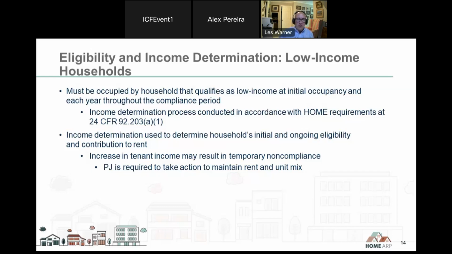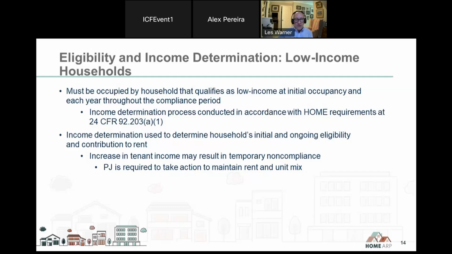And so you're going to see with this category, for those of you that are familiar with the HOME program and the rental requirements, that these really align with what we're used to doing with the HOME program. So for those HOME-ARP units that are designated as our low-income units, those are going to have to be occupied by a household that qualifies as low income. And so in this category, unlike what Alex was talking about with some of the QP households, we're always going to need to be able to determine income eligibility for those households.